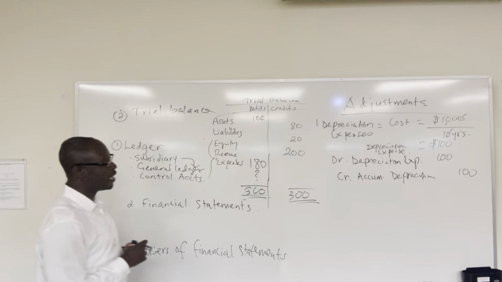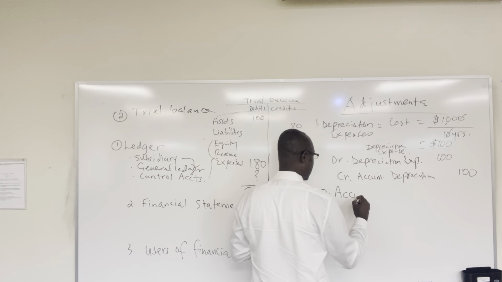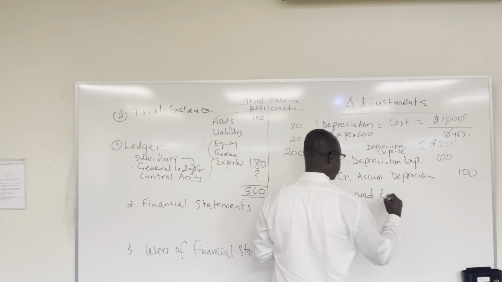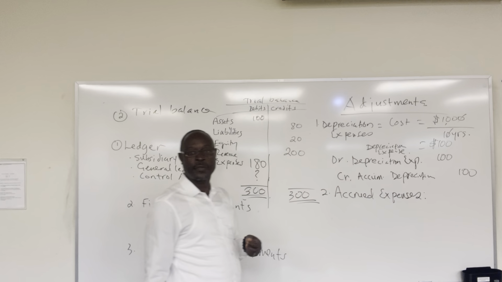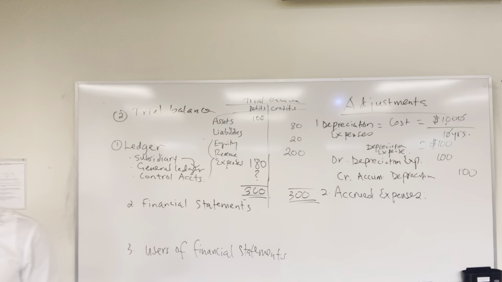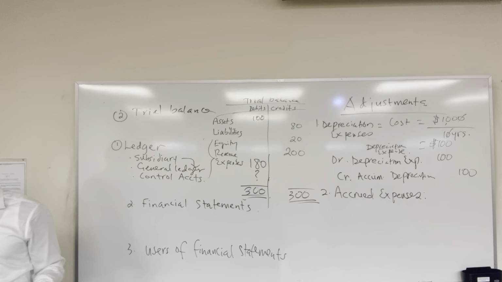Your second adjustment that you should learn is what we call accruals, accrued expenses. Accrued expenses simply means that you have used an asset, you've stayed in somebody's apartment like rent, but you haven't paid them yet.